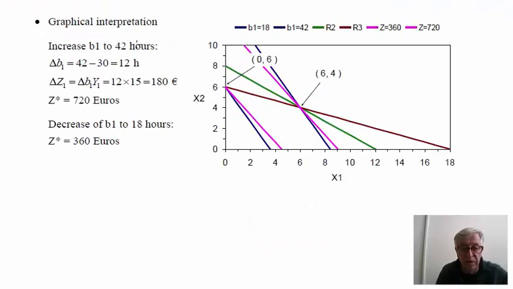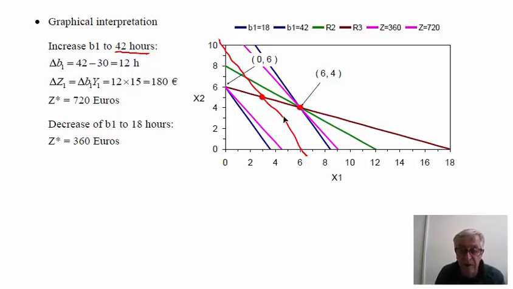Let's analyze graphically what's happening when we consider the limits of variation of the first resource. When we increase it to 42 hours, we essentially move this line up to this new position, until it arrives to this vertex, which is defined by the other two restrictions.